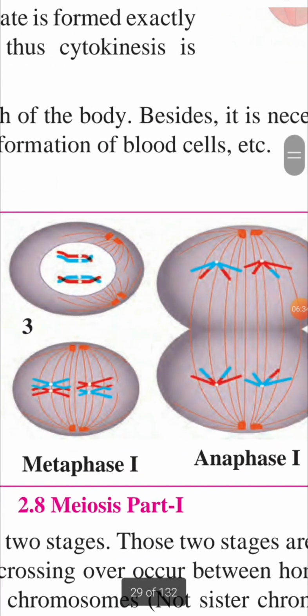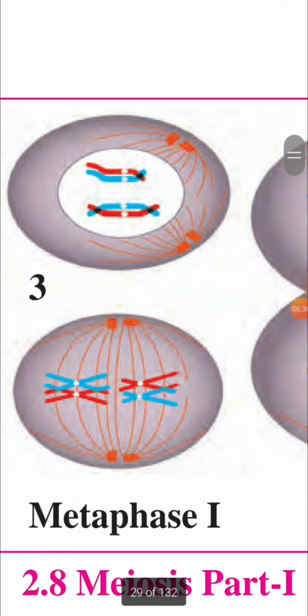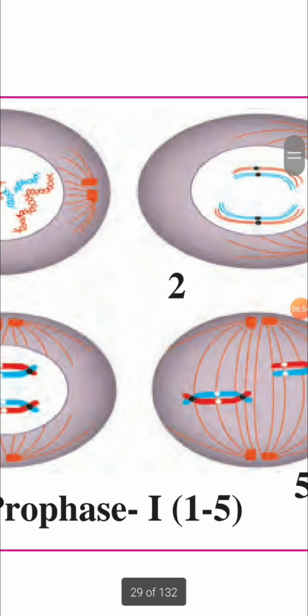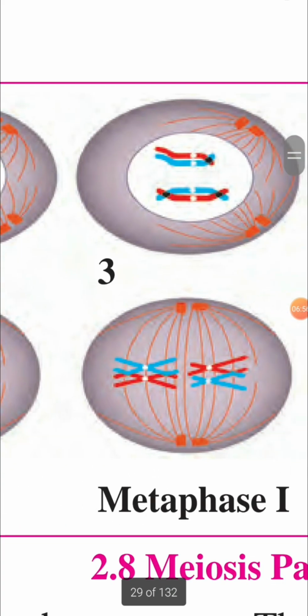Then the next phase is metaphase 1. In this metaphase 1, the chromosomes lie in the equatorial plane, and spindle fibers also develop, but the nuclear membrane is invisible, as we also saw in prophase 1. Here the homologous chromosomes appear in the equatorial plane.